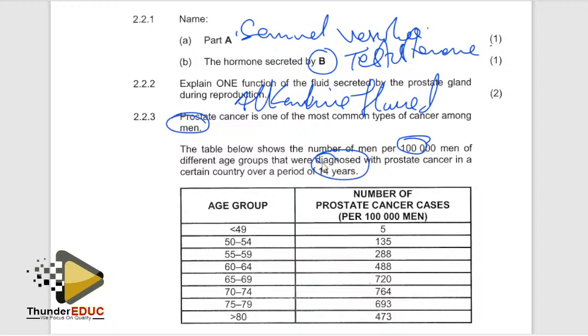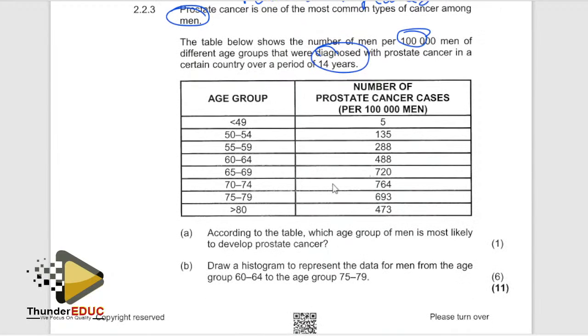According to the table, so you don't give an answer beside the table. Which age of man is most likely to develop prostate cancer? Is most likely. So you have to come here and check which one has the highest number.